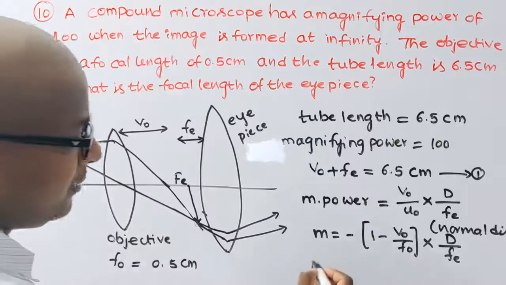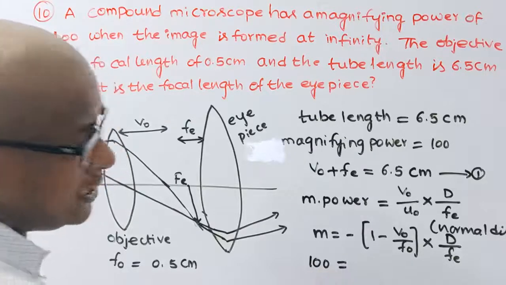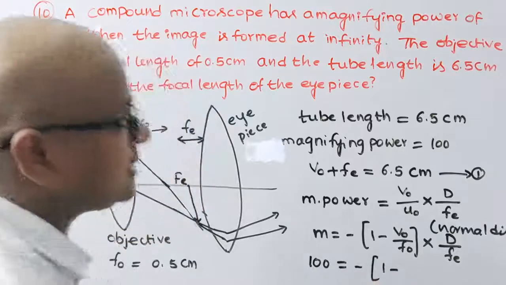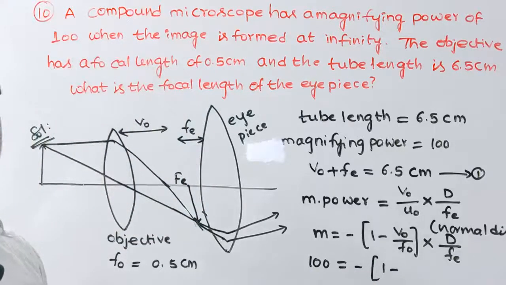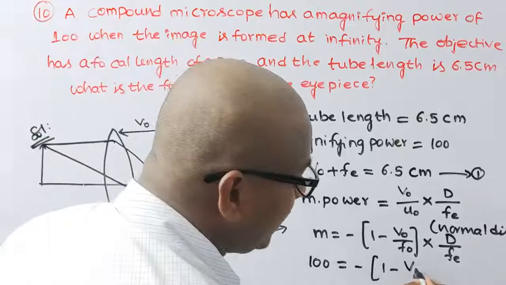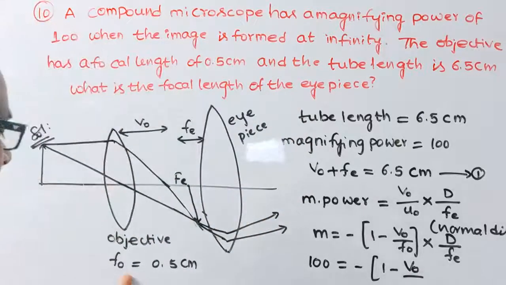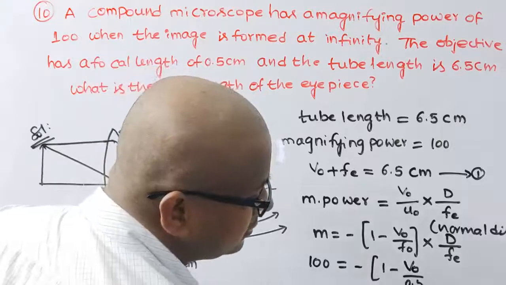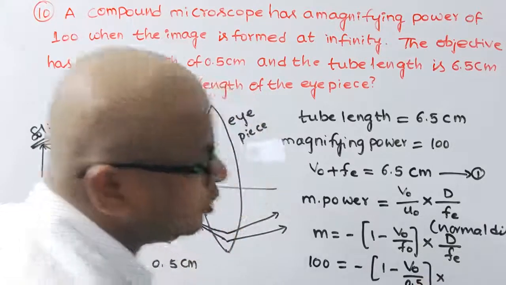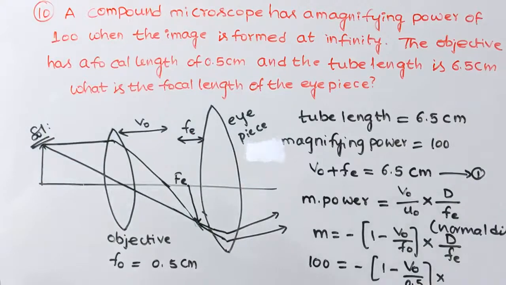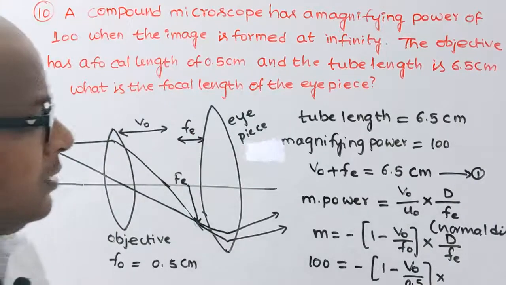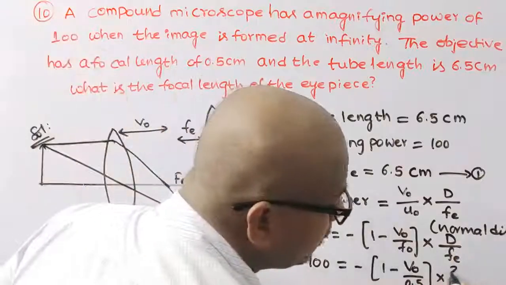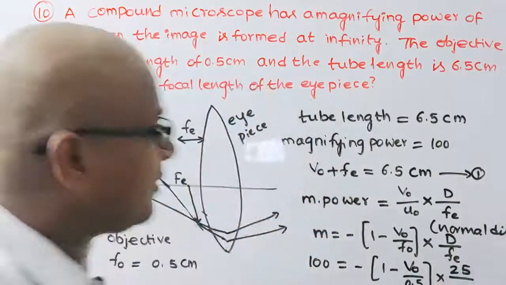Okay, the magnifying power 100 is equal to minus of 1 minus V0 by F0, where F0 is the focal length of the objective, 0.5 centimeter, into capital D, which is 25, by FE.